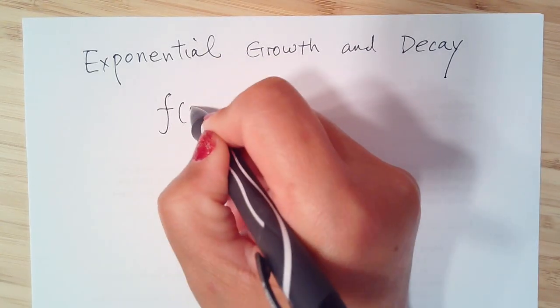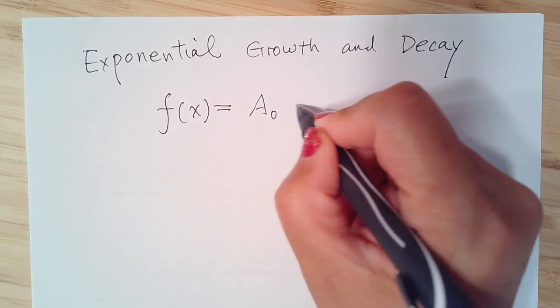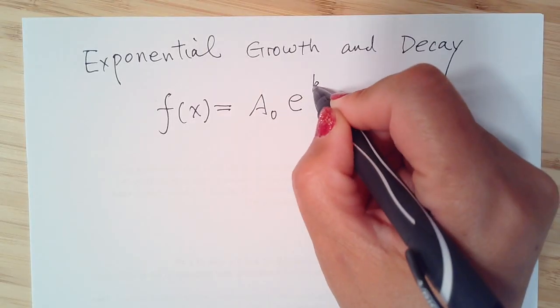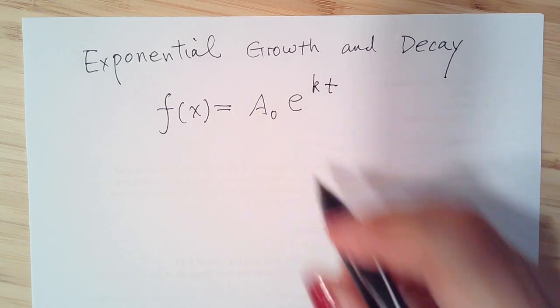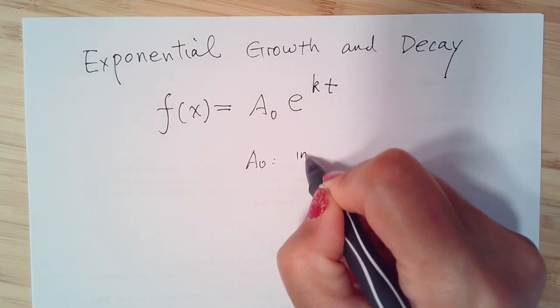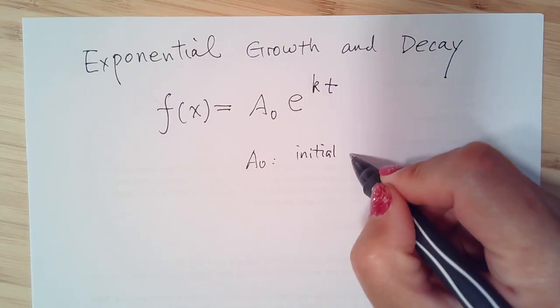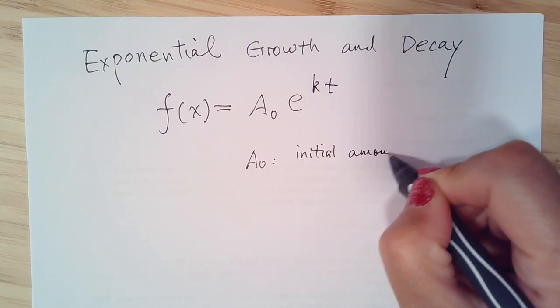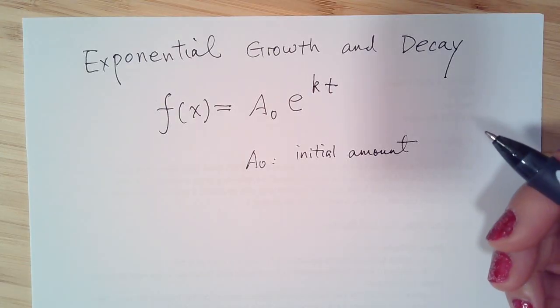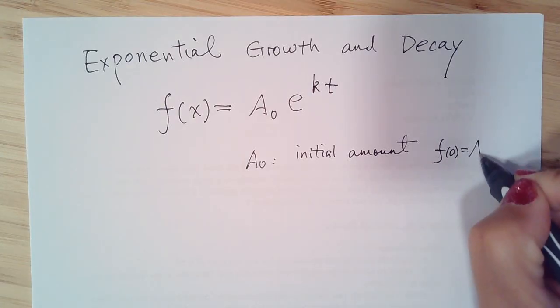It's f of x equals a0 e to the k t. Now, this a0 is the initial amount, how much you have at the very beginning. Or f of 0 is just that a0.